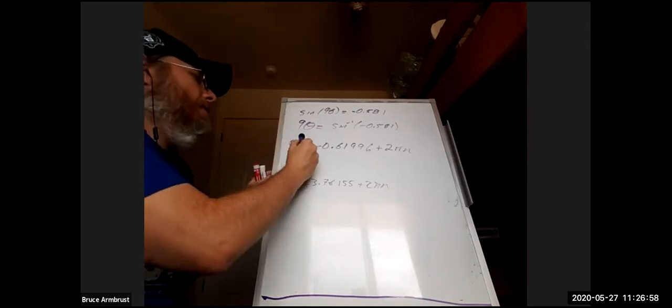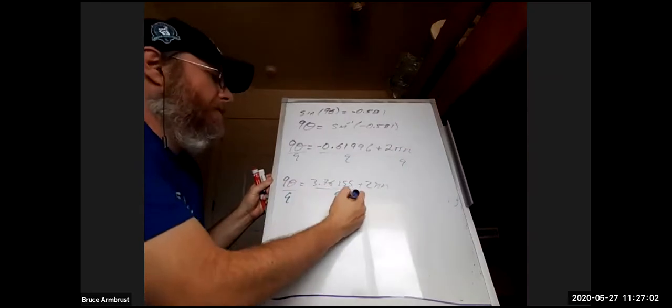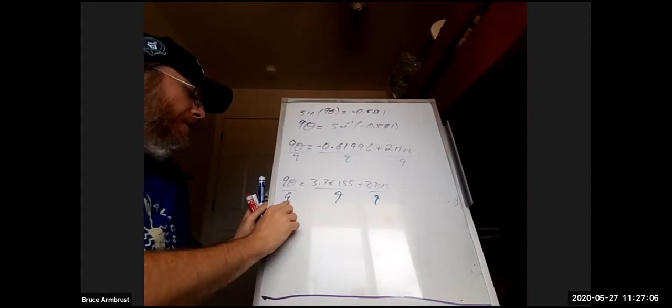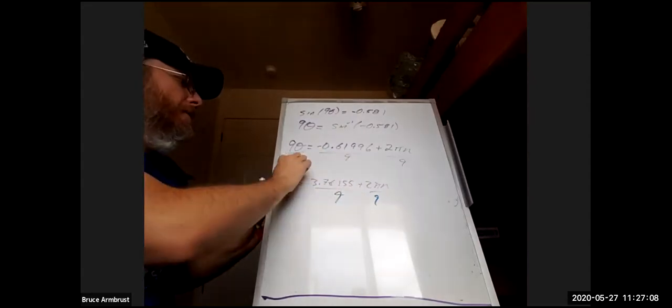All right, well, now we can solve for theta. We just need to divide by 9. We'll do that for both of these. So we're going to get whatever they are. So let's see, that second one, I already have that.